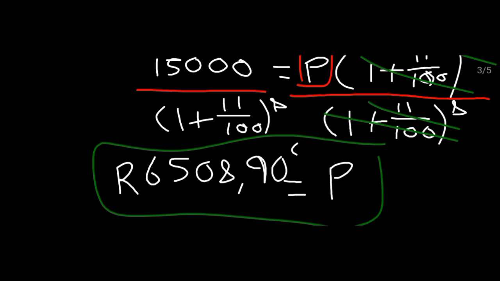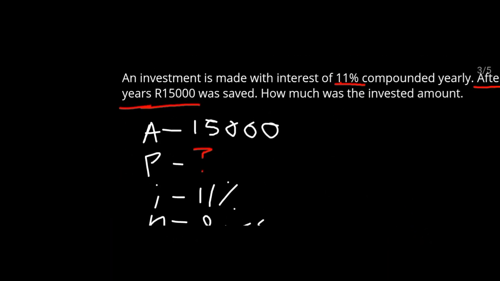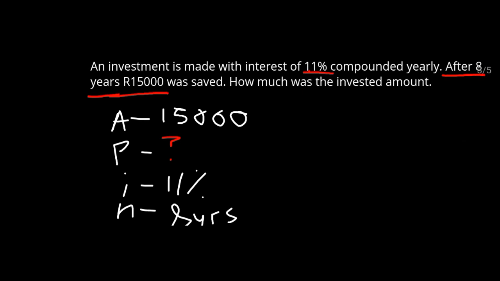Is this an investment? Yeah. In the first year the investor invested 6,508 rand 90 cent, and then the bank gave them 11% compound interest. Then after 8 years they get 15,000.